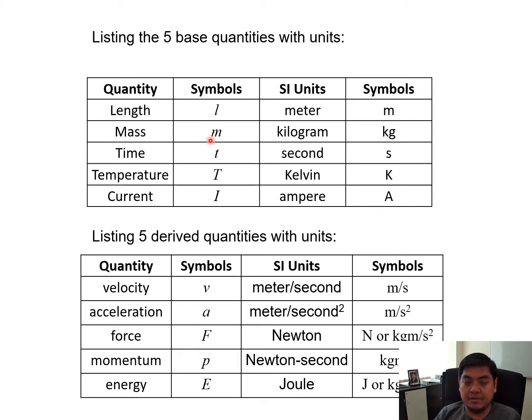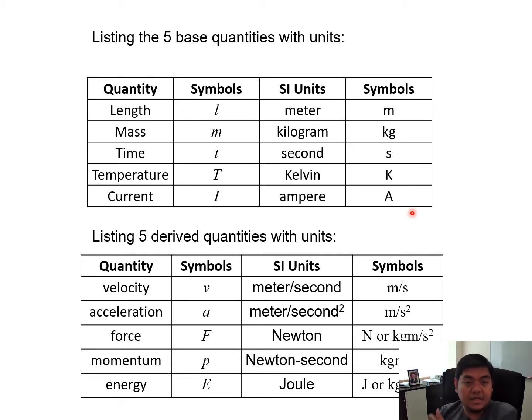Mass is with the symbol M, the SI unit is the kilogram. Time is t, and the SI unit for time is seconds. Temperature is capital T, with the SI unit Kelvin, with the symbol K, and the current is I with the SI unit of ampere, with the symbol A.